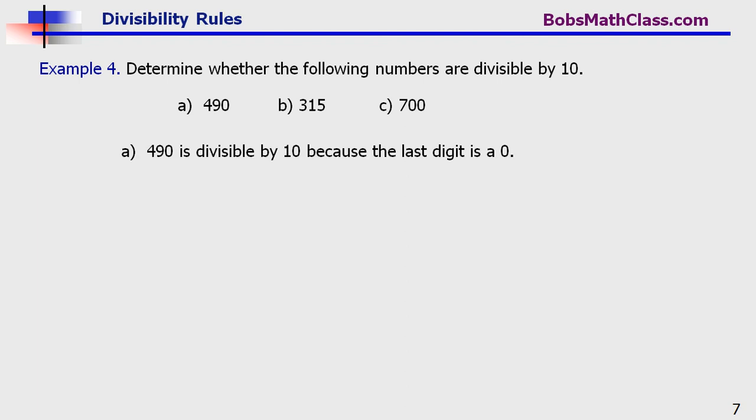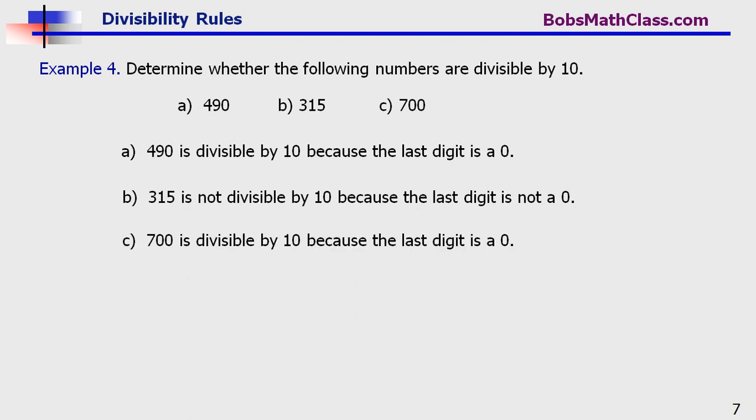Yes. 315, is it a 0? No. And 700, last digit is 0? Yes. So it is divisible by 10. That wasn't too bad, was it?